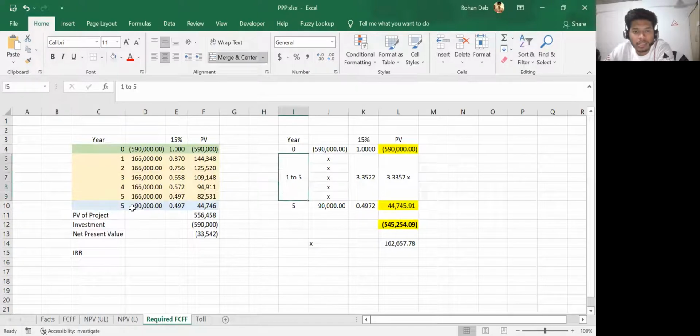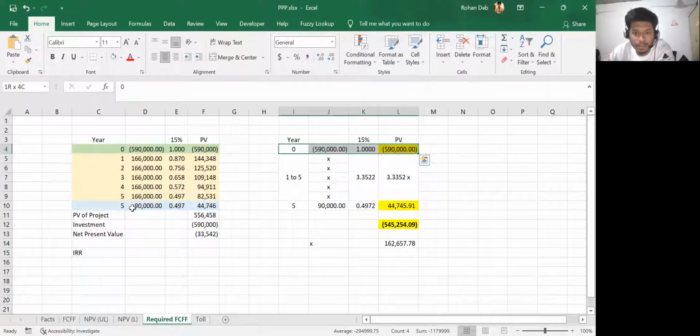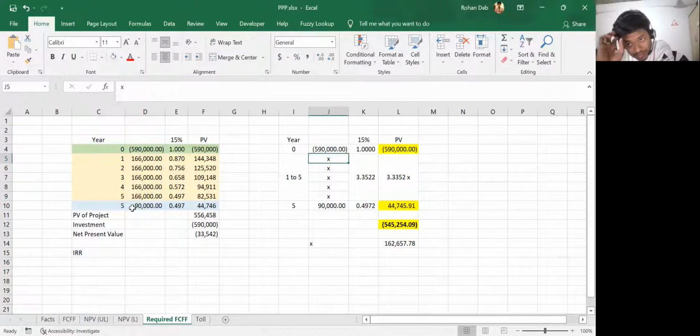Now what I want is, for year 0 I've put my present value over here. For year 5 I know my salvage value. Now what amount of money should I get each year so that it actually reaches the break even point? If you try to calculate this, for year 0 the entire thing will be 590.